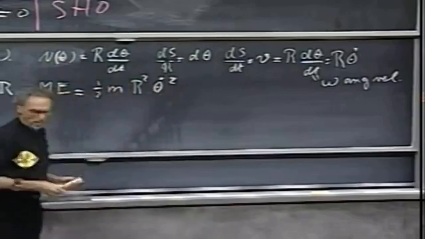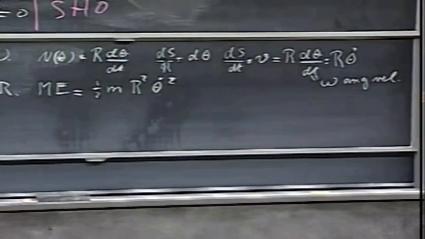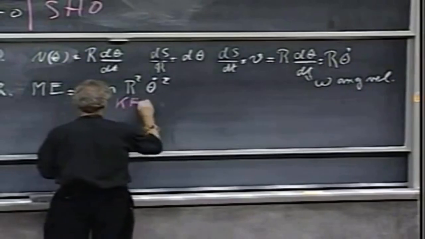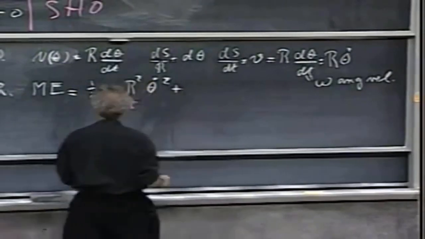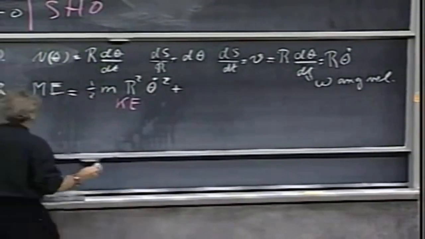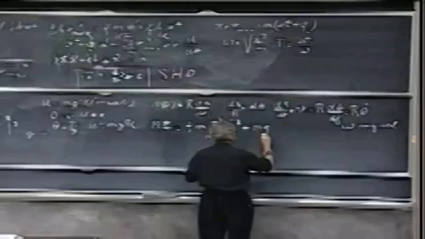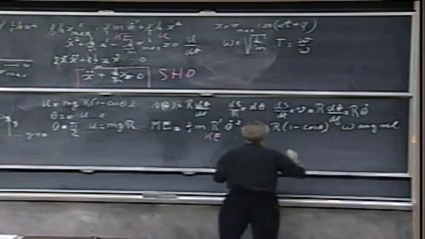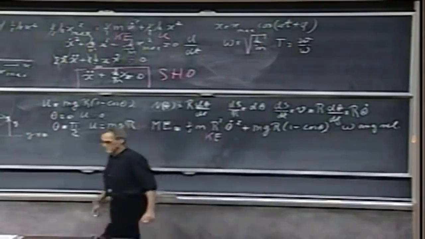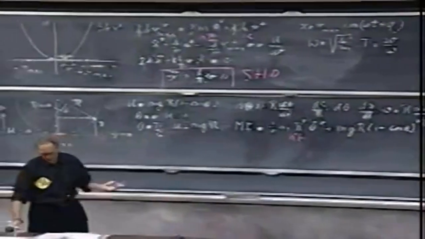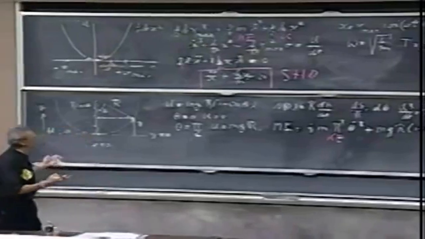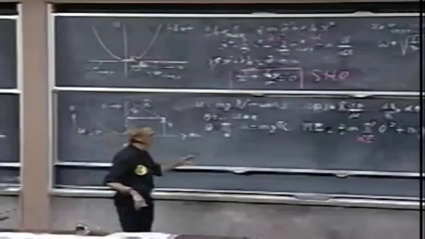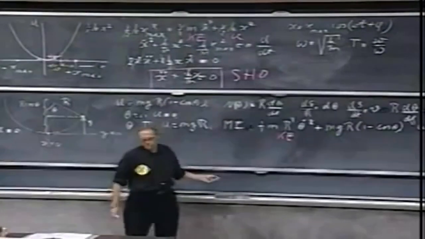This is simply 1/2 mv squared, nothing else. So this is the kinetic energy, plus the potential energy, which is mg times r times (1 minus cosine theta). And this is always the same, independent of the angle theta, because gravity is a conservative force. So this is the conservation of mechanical energy.